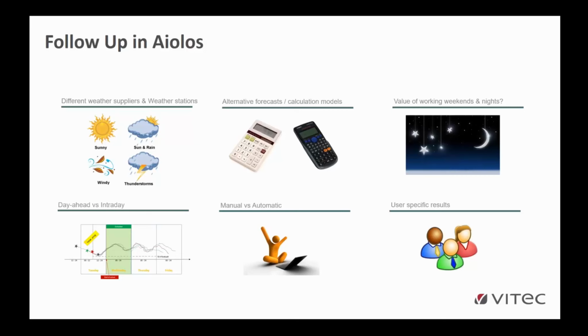You can look at day ahead versus intraday, so you can look at different forecast horizons, compare manual versus automatic, and you can also see user-specific results. So if you're doing something special that you want to follow up on, you can easily do so.